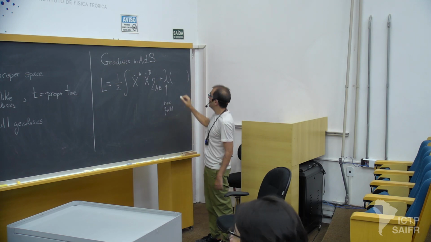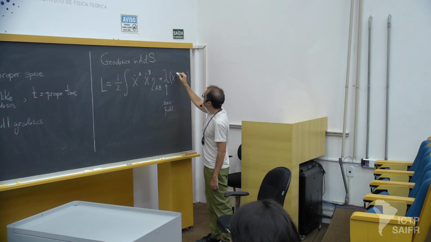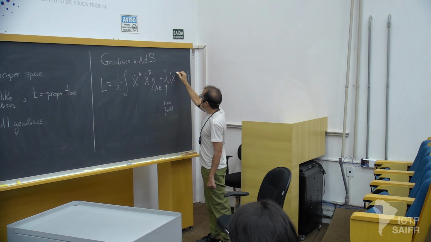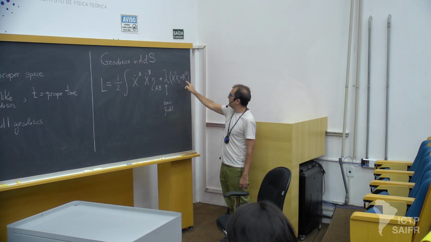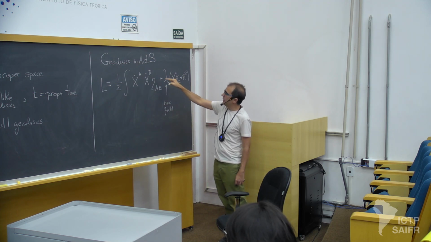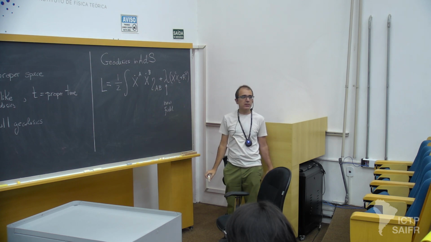And what I want to set to 0 here is this x squared plus r squared. So that the equations of motion for this lambda set this to 0, but this puts me in AdS, right? Okay?